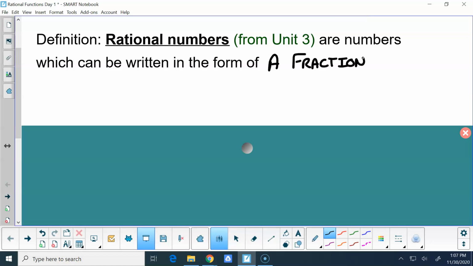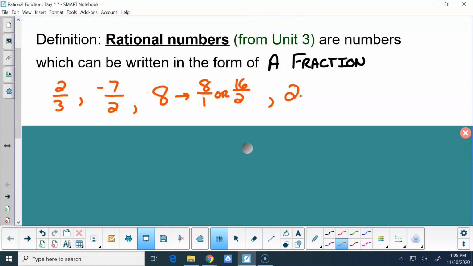Okay? So some examples: 2/3, -7/2, 8. 8 is a fraction. 8 is a rational number because 8 can be written as 8/1, or 16/2, or 24/3, etc. Any whole number is rational because we can always write it over 1. 2.5 is a rational number because we can write it as 5/2.